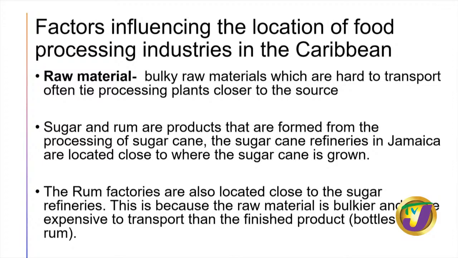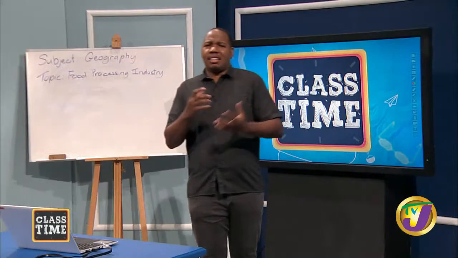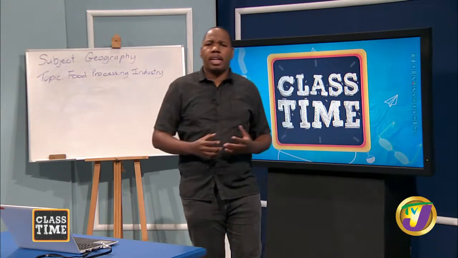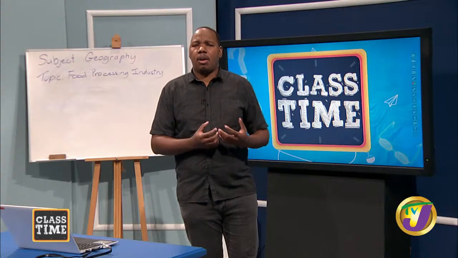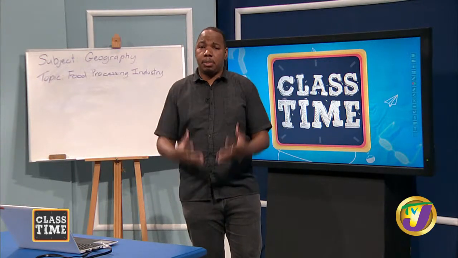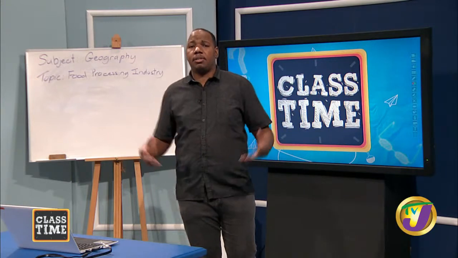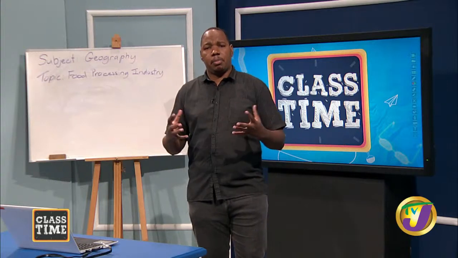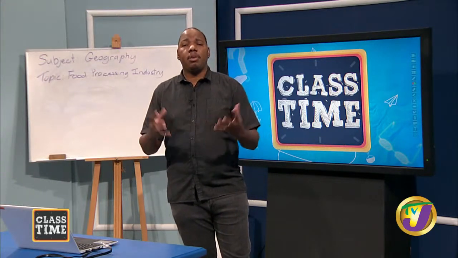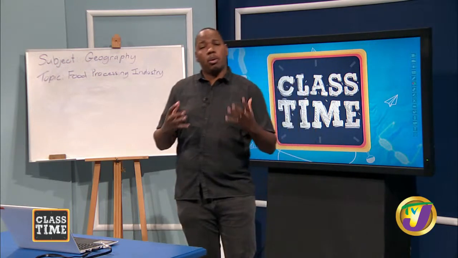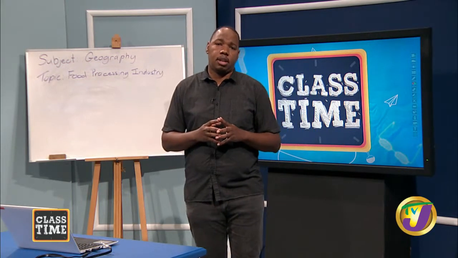They might also be related to just the cost of and the hassle associated with getting one component of that raw material in the production process, or even getting access to the people that you need for the production process. All of these factors combine to shape the location of the food processing industry. And I'm going to be getting into some of these factors.